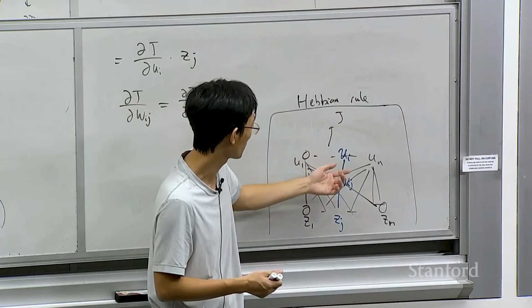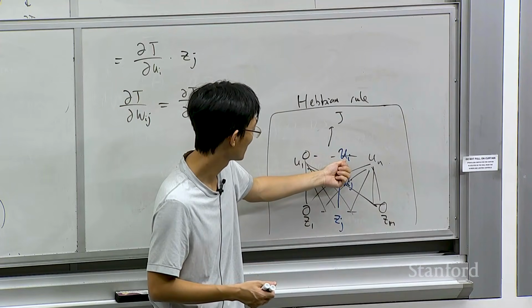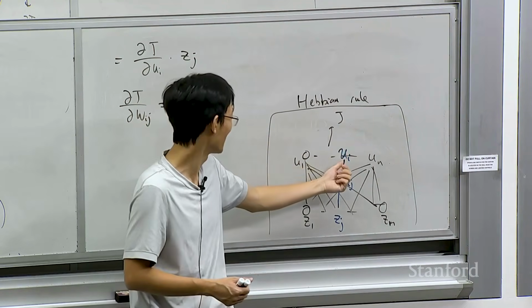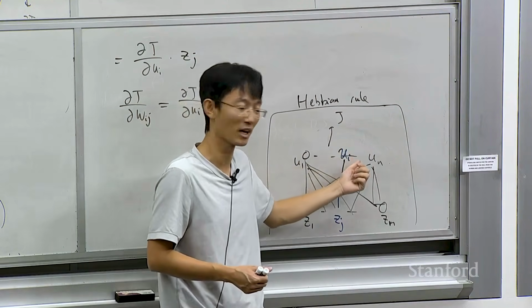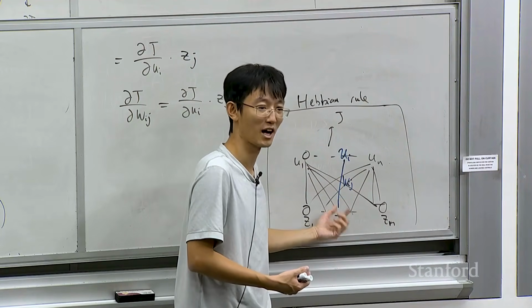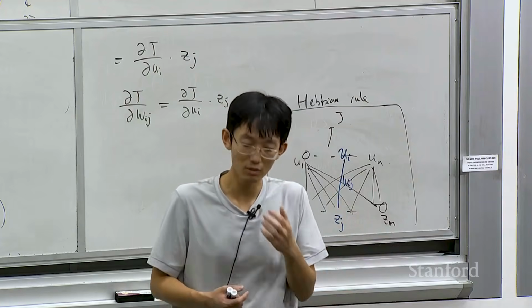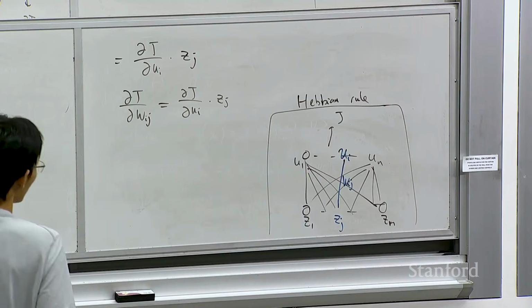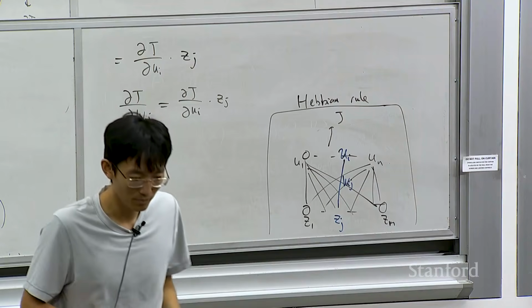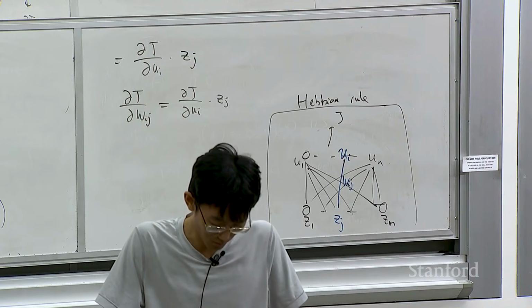So the error or gradient of the output side endpoint, the gradient of u_i, times the value of the other endpoint. In functions, it's just equal to this. So this is very simple to compute.